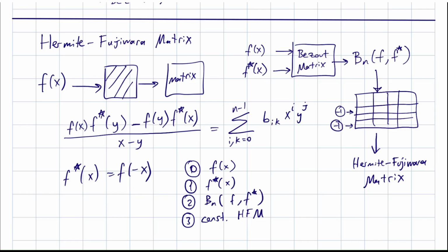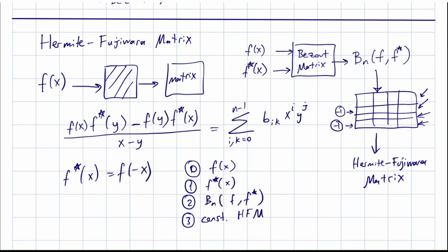When you have the Bezout matrix of f and f star of x, this is your row number 1, this is your row number 2, this is your row number 3, and this is your row number 4.